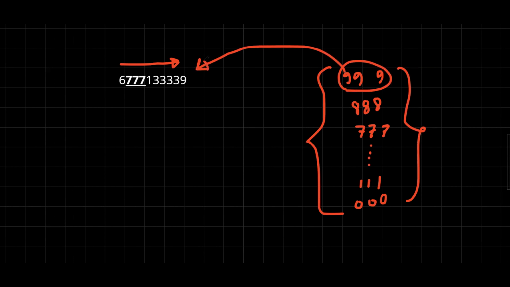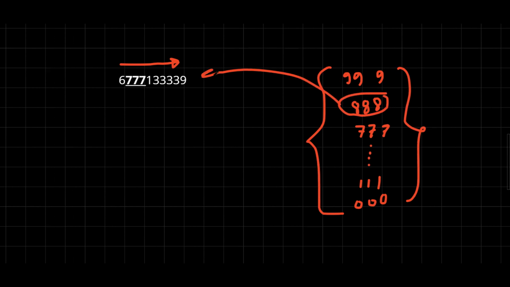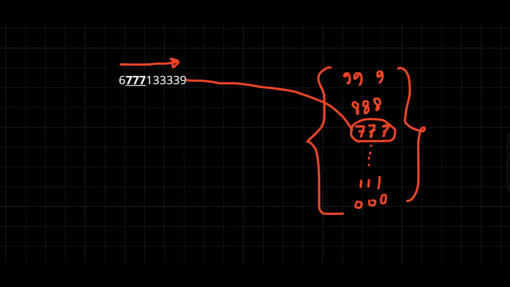As it is not present here, again we have to find whether the substring 888 is present in the string or not. Again, it is not present here. Similarly, we have to determine whether this substring is present in this string or not. Yes, it is present. So we simply return 777. I hope you understood the algorithm.